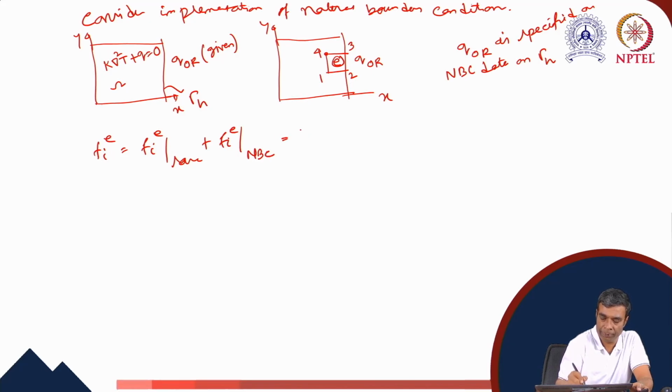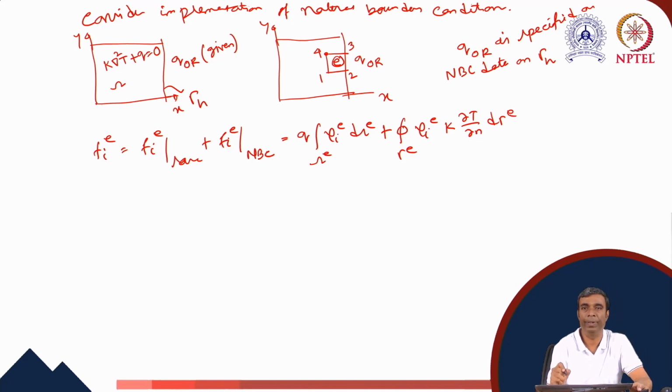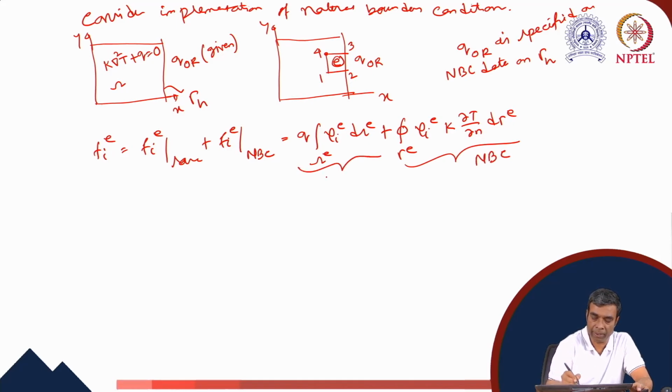So it was Q into integration over omega E psi IE d omega E plus integration over gamma E psi IE into K del T del N into d gamma E. So this is the expression. So this portion amounts to the NBC part, and the first part contributes to the source term.